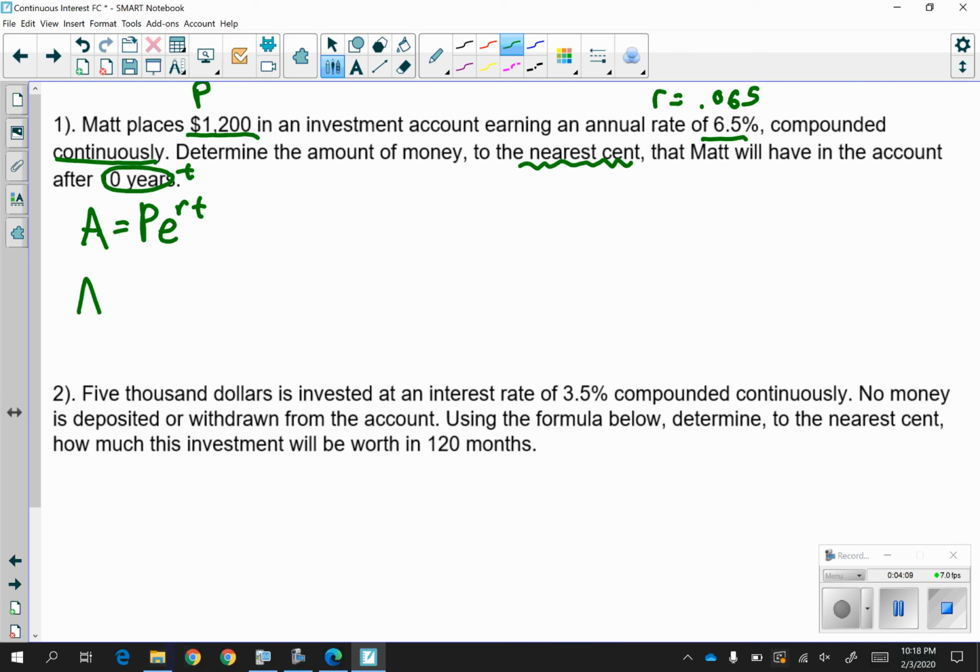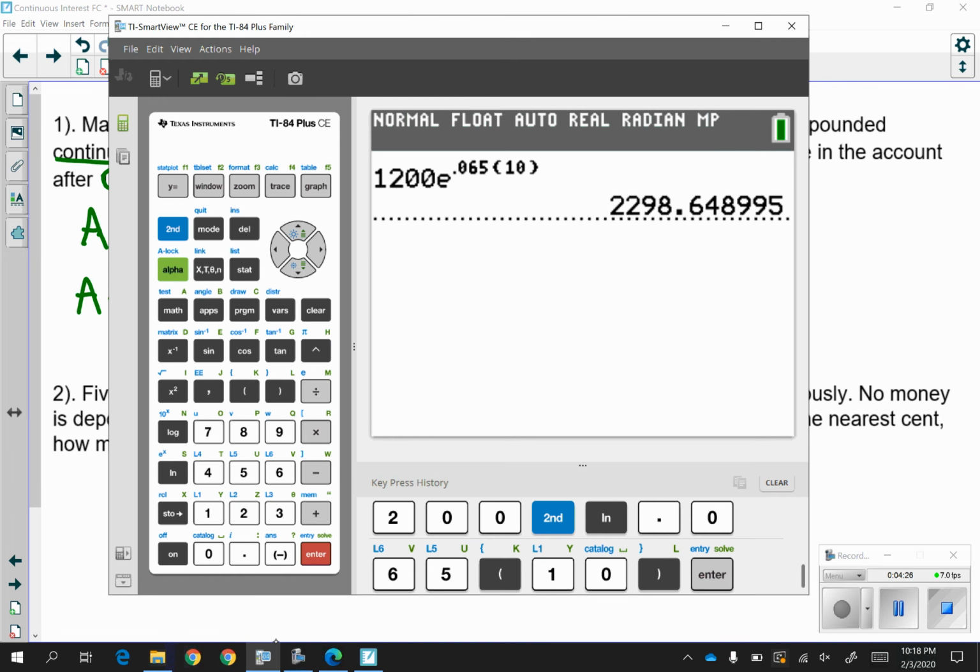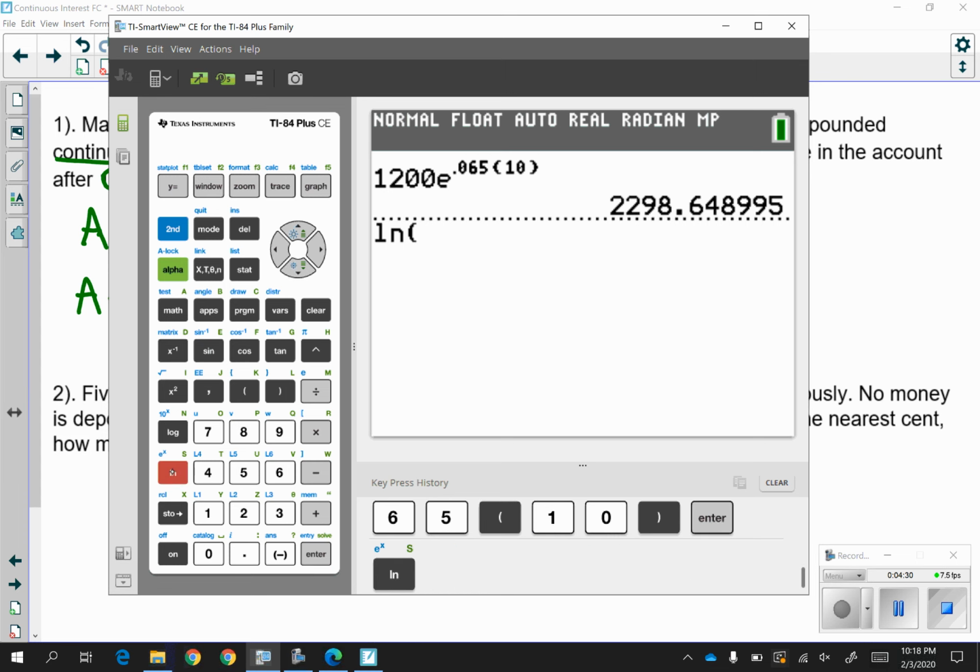So we have A equals 1,200 e to the 0.065 t, which is 10. You're going to put that in your calculator, and again, if you're having trouble finding e, it's going to be located on the bottom left, not ln.